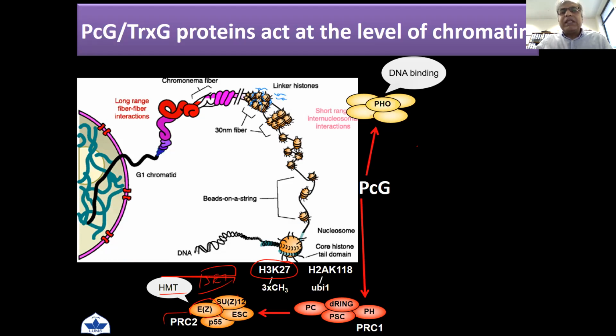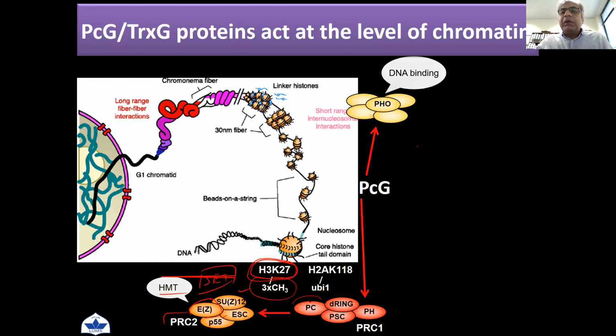Now, there are other proteins as well, SUZ12, ESC, and p55. However, once they methylate H3K27, this methyl mark is recognized by Polycomb. We already talked about the chromodomain in HP1 and in Polycomb.